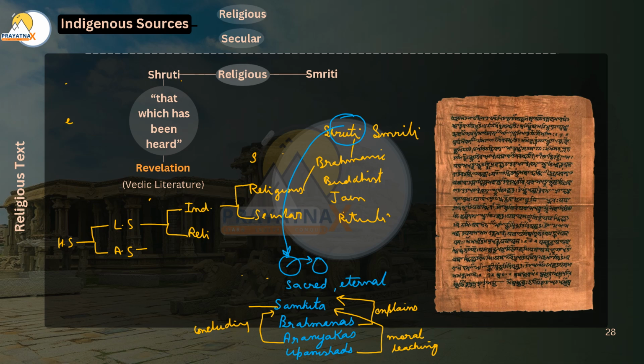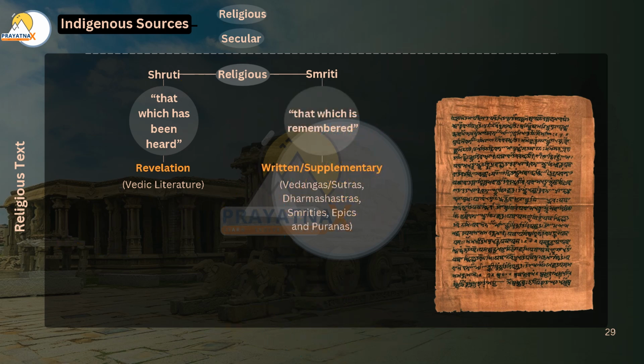Now, on the other hand, Smriti. Smriti means something which is remembered. Now, it is a body of text which is definite and it is written literature. Now, it is also considered to be supplementary material.